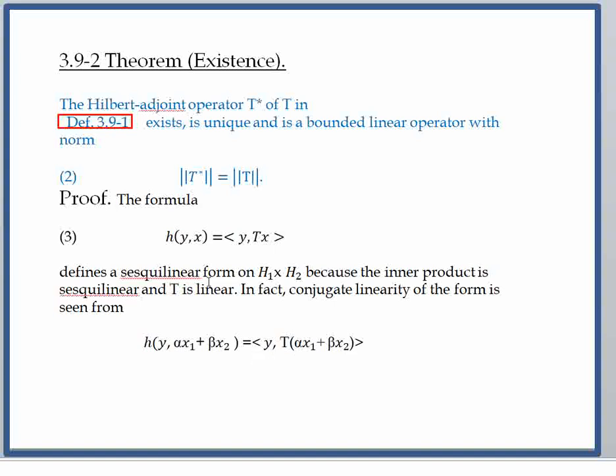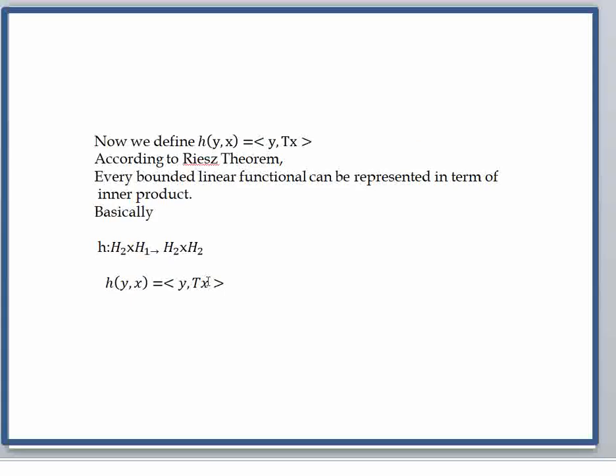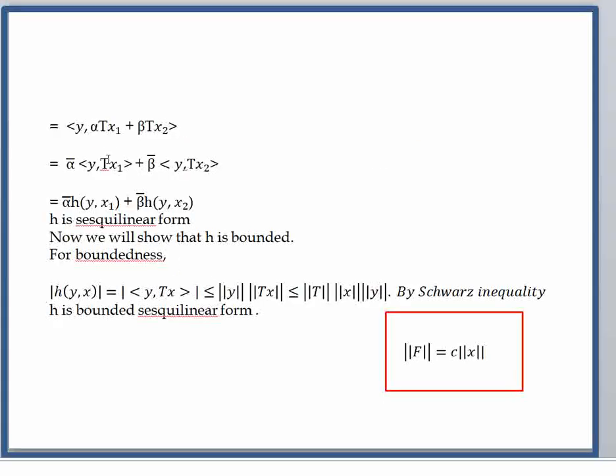If we add a linear combination of x with y, then it will become αx1 + βx2. T is a bounded linear operator, so it will give αTx1 + βTx2.